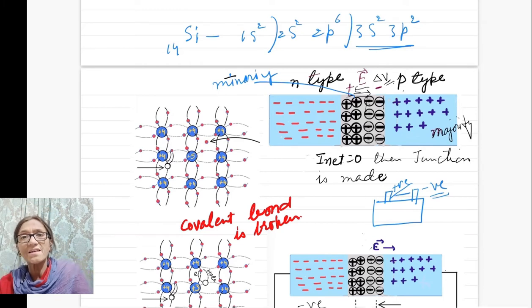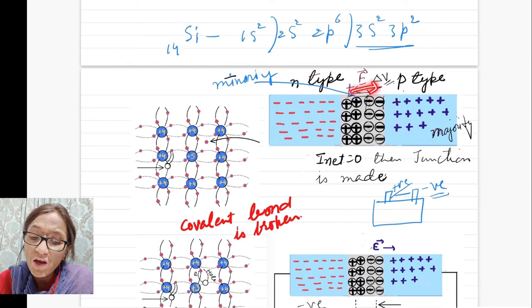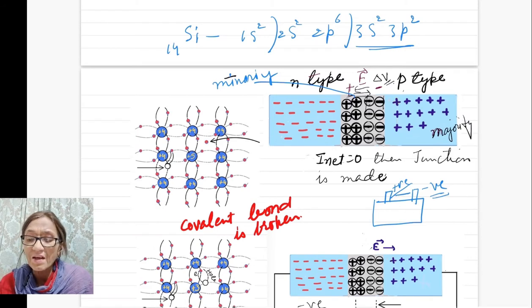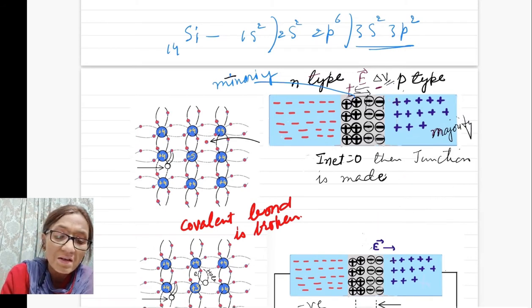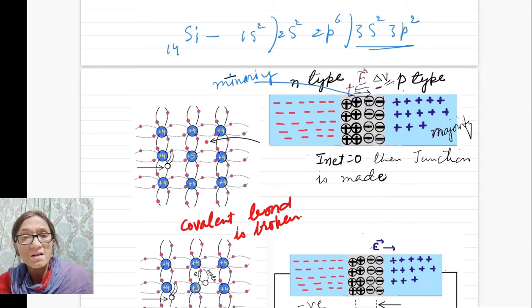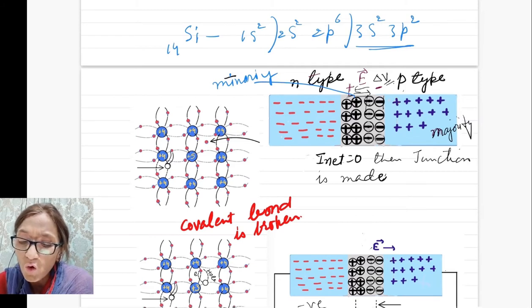And only due to that, you know that the electric field is away from positive charge. So an electric field also is created. Now this electric field drives the electron opposite to it and holes in the direction of it. So holes are made to move in the direction of the electric field.